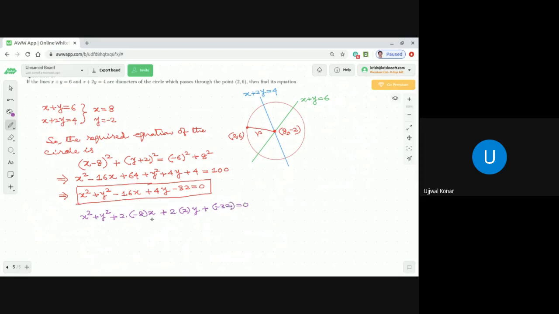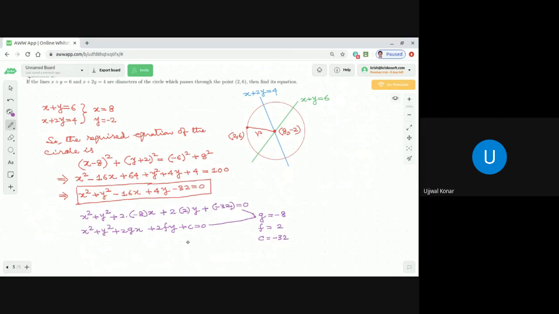Now if you make an analogy with the equation x square plus y square plus 2gx plus 2fy plus c equal to 0, then what are we going to get? g is equal to minus 8, f is equal to 2, and c is equal to minus 32.